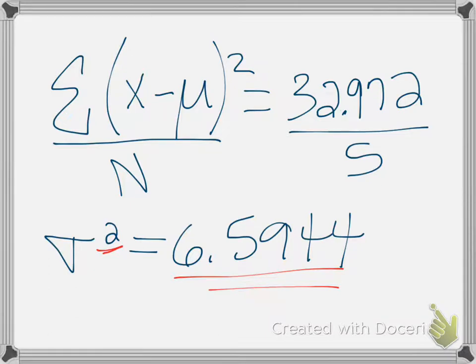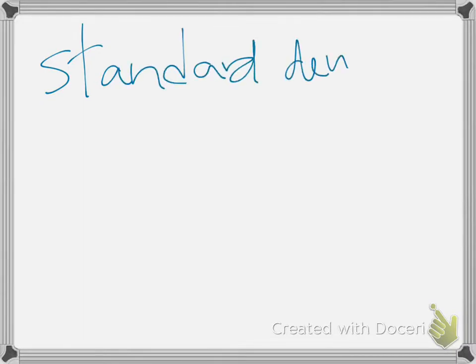And so for that reason, the most common measurement used to describe the spread in data is actually standard deviation. So we're going to take that variance and we're going to use standard deviation then to get back to our original unit.